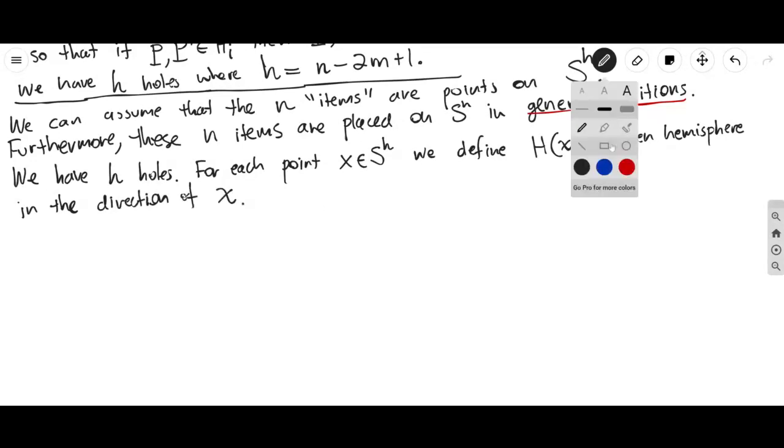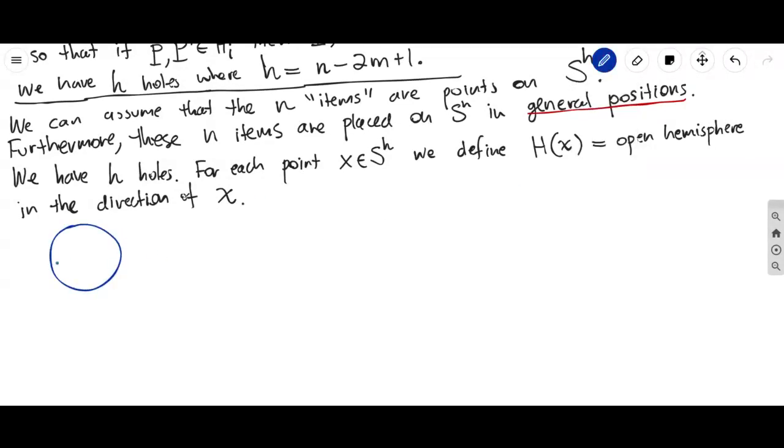So to draw a picture for you, if we have our sphere, so this is our sphere S^h, and you pick a point x on the sphere. The way you get the hemisphere is you would just draw that vector, and it'd just be the perpendicular, right?